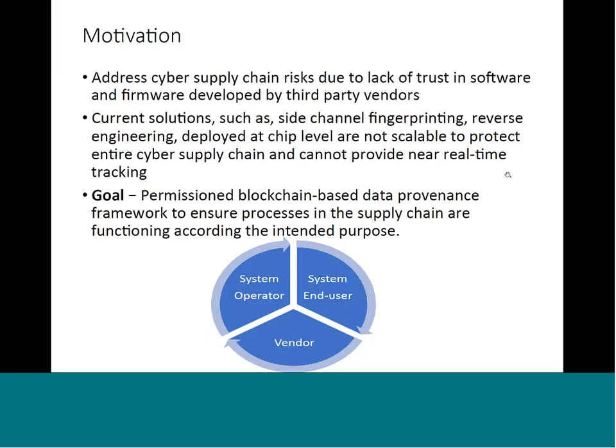I am hoping that the work we are conducting and the eventual prototype will lead to that conclusion. If we don't get to the point where we can get near real-time tracking of any provenance violation, we have to define at what granularity we can achieve that. That needs to be assessed, and also the cost that you incur to get there.